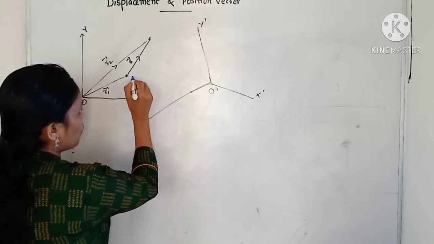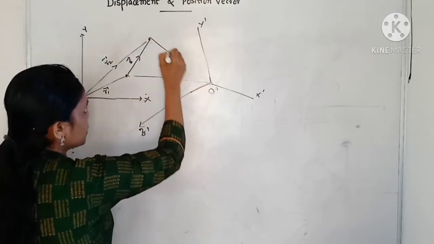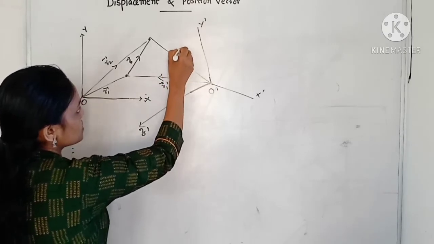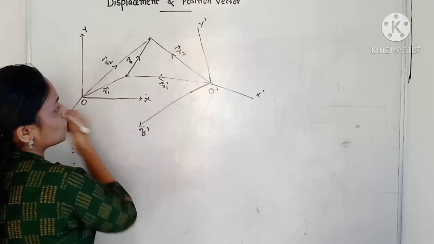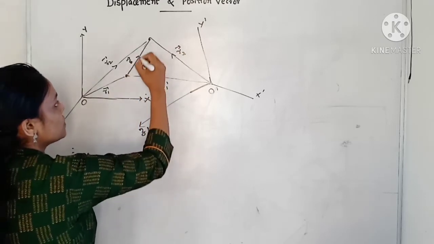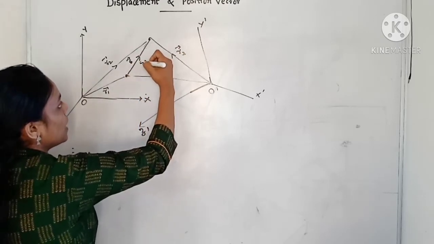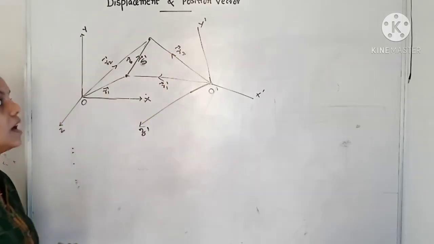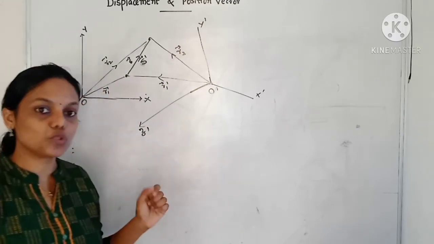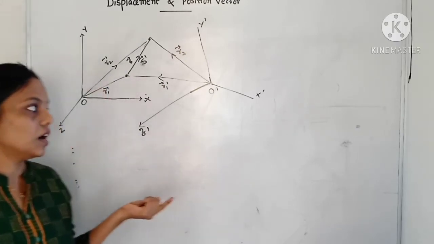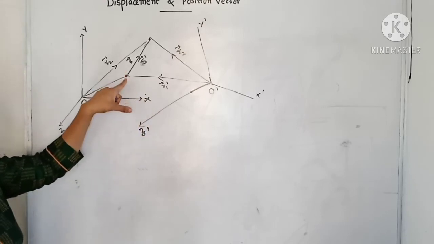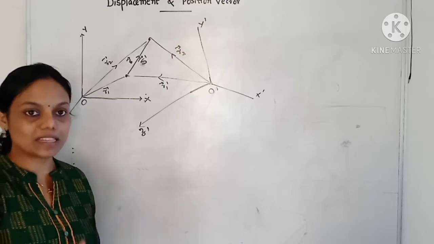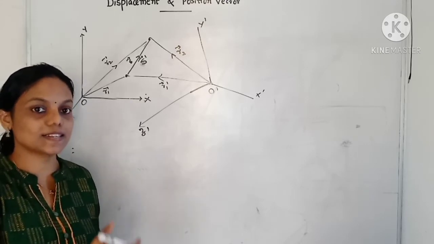So this is r1 dash and this is r2 dash, so that this vector will represent S dash. S dash is the displacement vector from the second coordinate system. From the picture you can see that S and S dash are the same.